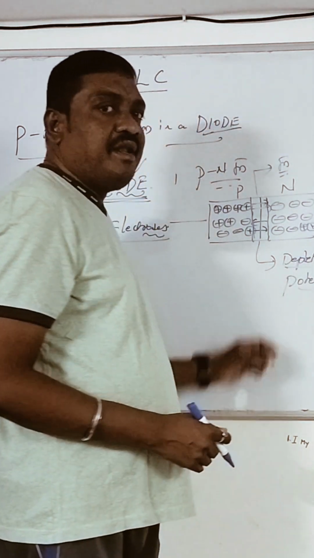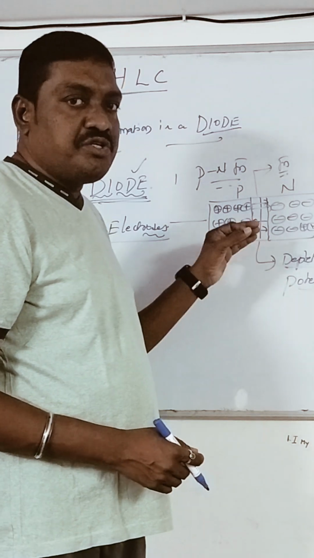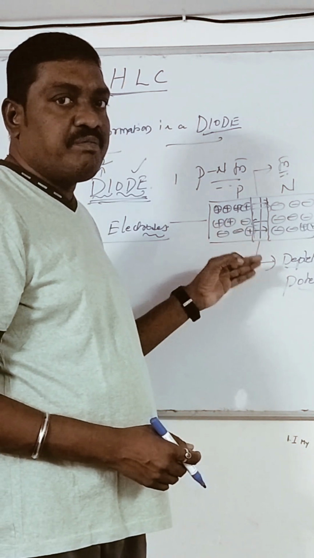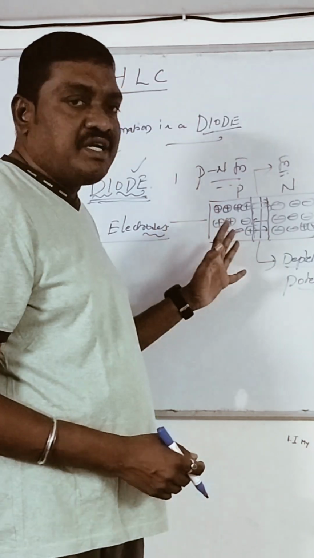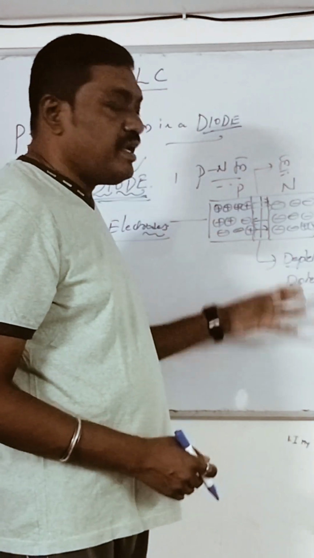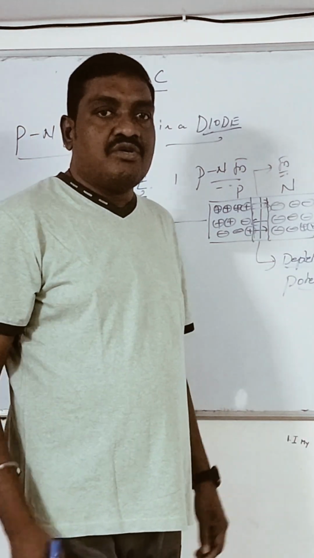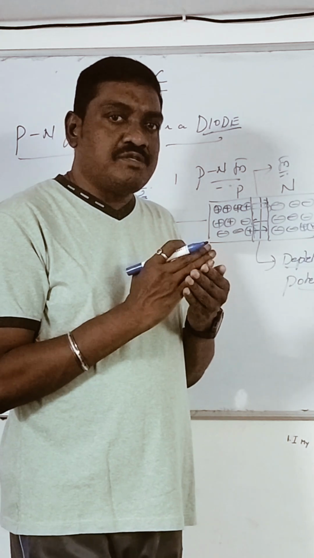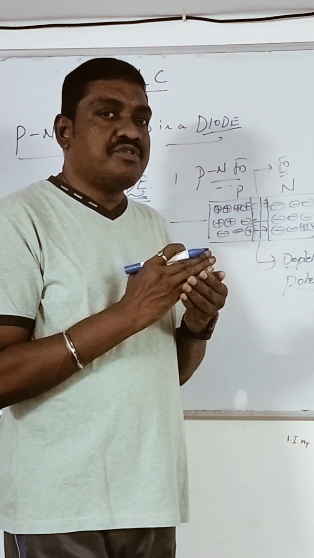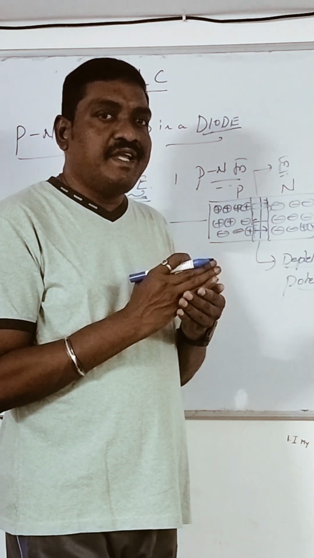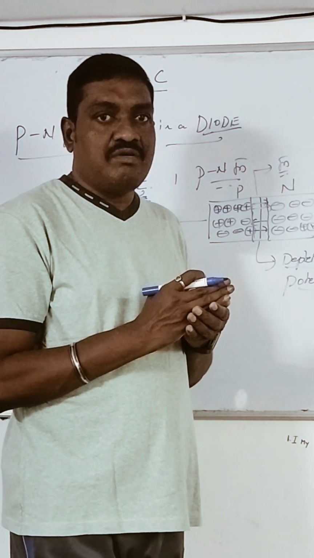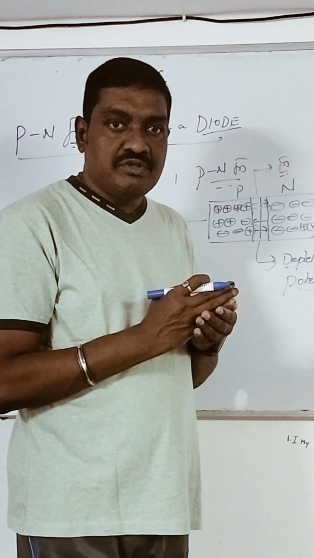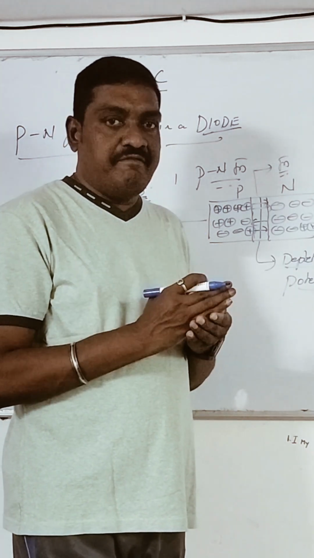Depletion layer means the area depleted by the collision of holes and electrons while moving from P to N and N to P at the center of the material. The movement of charge carriers across the center is usually studied in the form of drift and diffusion. The charge carrier may diffuse, or it may drift.